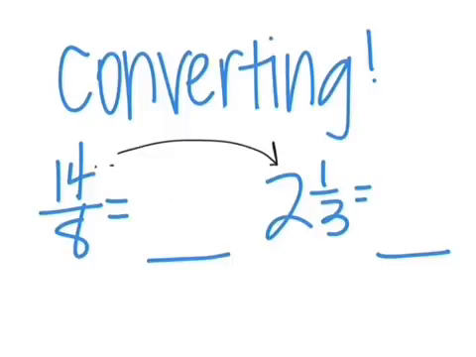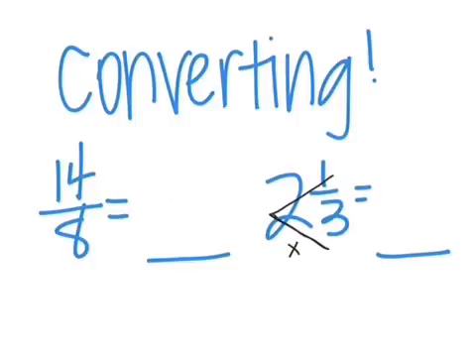I'm going to teach you how to convert from an improper fraction to a mixed number, or from a mixed number into an improper fraction. First, we're going to start over here with this mixed number, 2 1/3. I do something called the whoop whoop trick. Your first step is to take the 3 and multiply it by the 2.